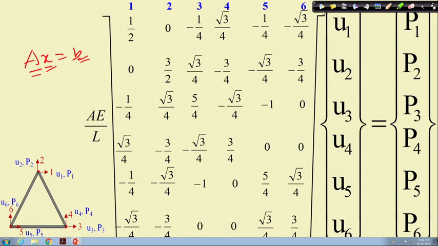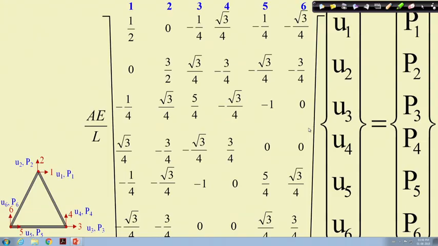But if you calculate the determinant of the stiffness matrix, you will see that this determinant is 0. But the condition for a system of linear equations to have a unique solution is that the determinant of the coefficient matrix should not be 0. The matrix should be non-singular. But in this case, the stiffness matrix is singular.